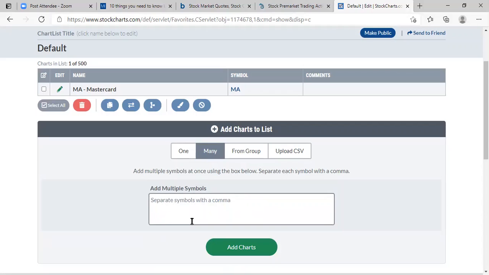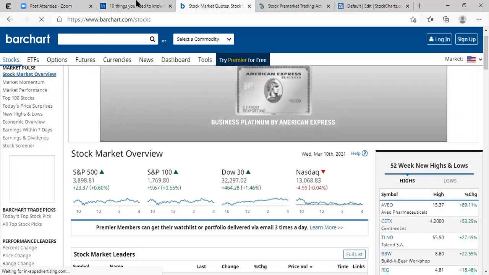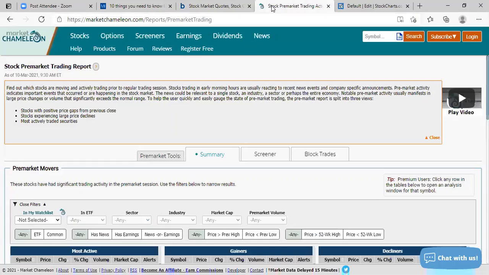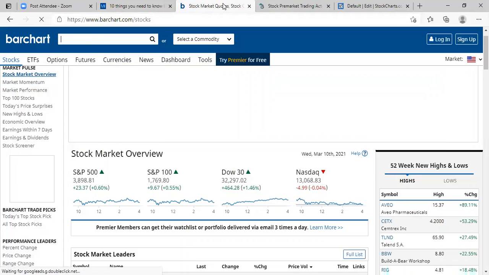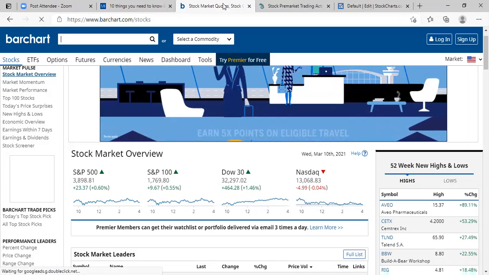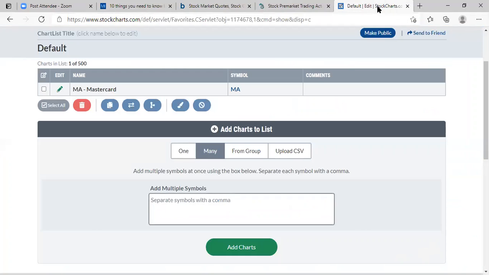Now they're in there for you to look at when you need to and determine if you want to make those trades. So those are your ways of adding to your watch list for different stocks.